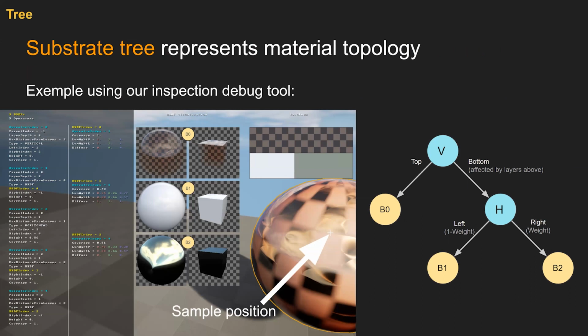This is represented as a graph of BSDF, a BSDF of slab in this case. The graph represents the operators: the horizontal mixing is mixing the white plastic and the gold, and on top of it you have the vertical operator that takes them and layers them with the other BSDF.